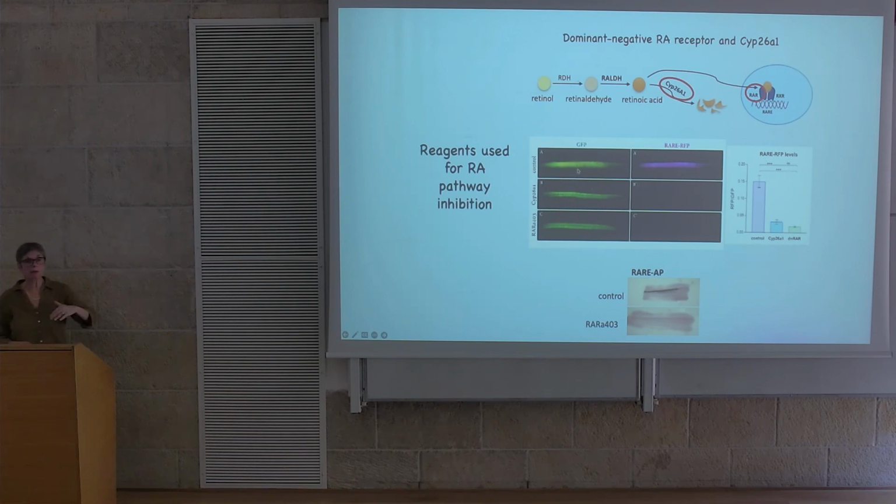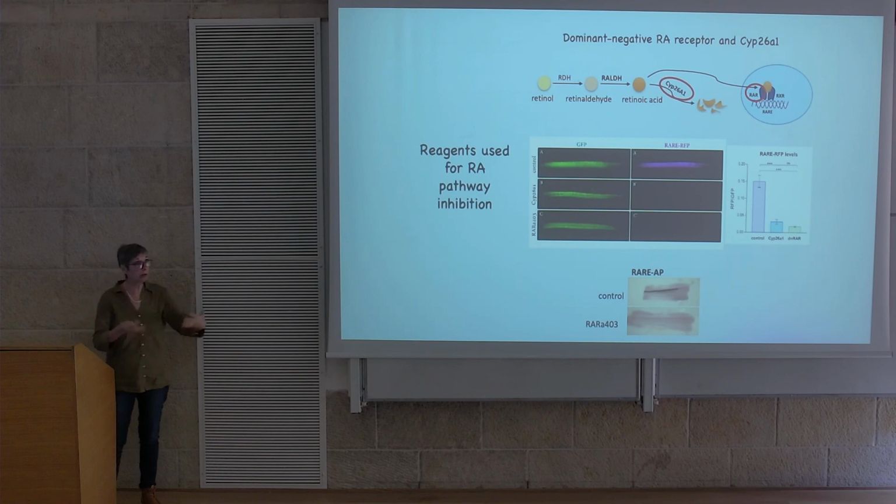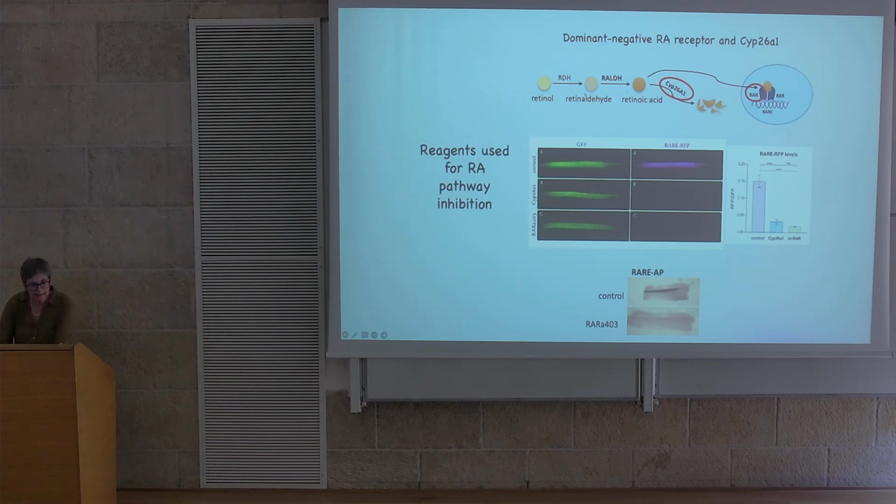We always put a GFP or RFP control to know that this part of the tube has indeed been electroporated, okay? And you see the activity of a retinoic acid responsive element, a reporter of retinoic acid activity. This is under control conditions, but in the presence of either of the inhibitors, retinoic acid activity is gone. You can see it here with alkaline phosphatase as well.